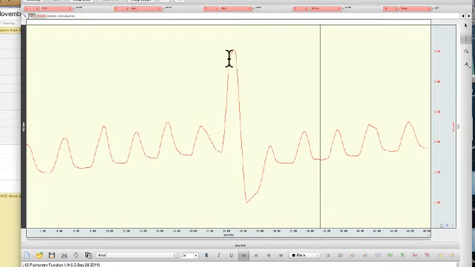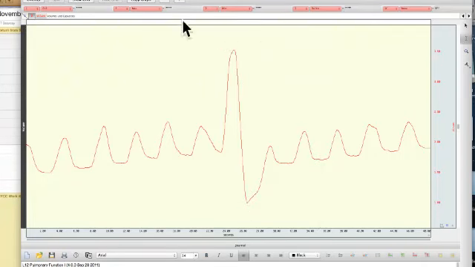So when we measure this, the person takes in as big a volume of air as they can, and they blow out as much as they can. And that gives you an idea of what the vital capacity of that person's lungs are. It tells us a lot about lung health.